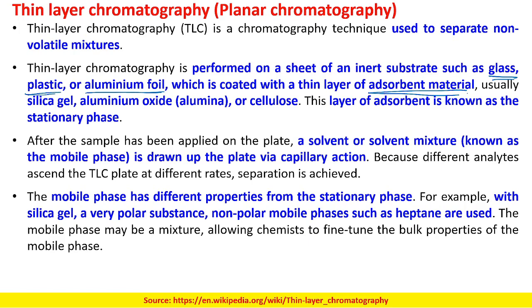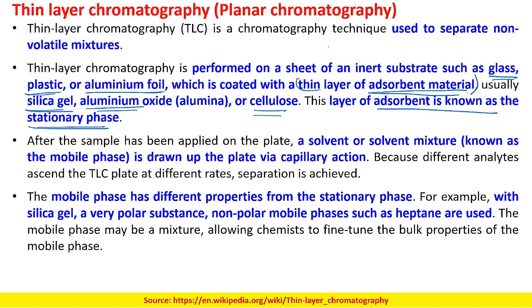Any solid plate-like structure can be used as a base, and over that we usually put a thin layer of the adsorbent material. So what can be the adsorbent material? This can be silica gel, aluminum oxide, or cellulose suspension. And this layer of the adsorbent is known as the stationary phase.